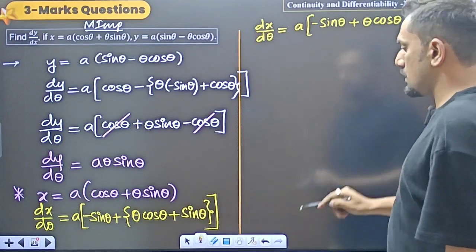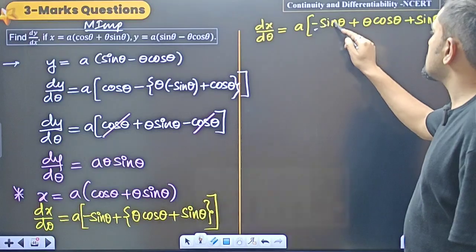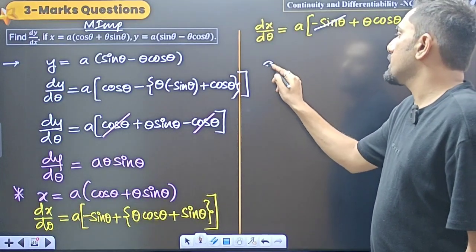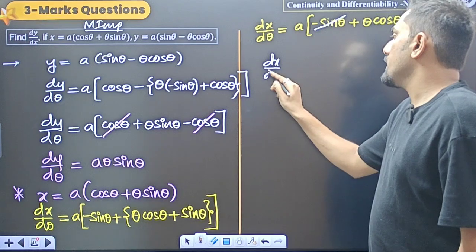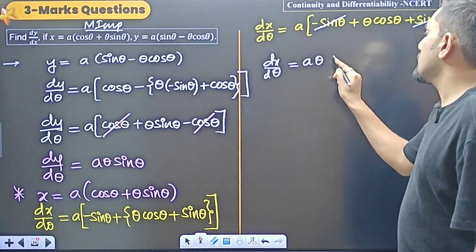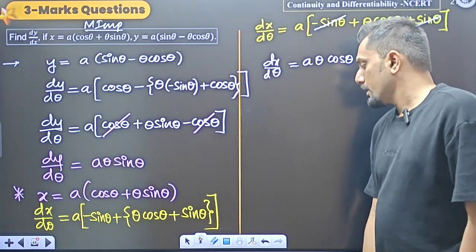Minus sin theta and plus sin theta get cancelled, so we are left with dx by d theta equal to a into theta cos theta.